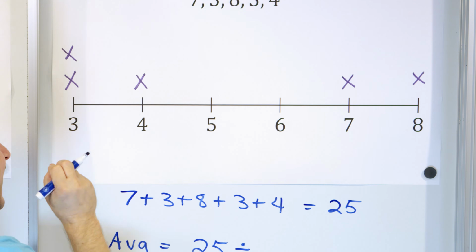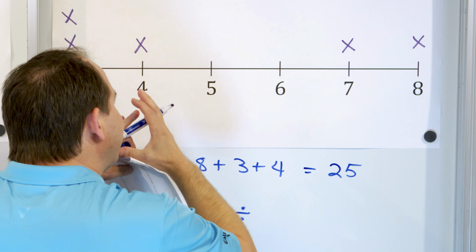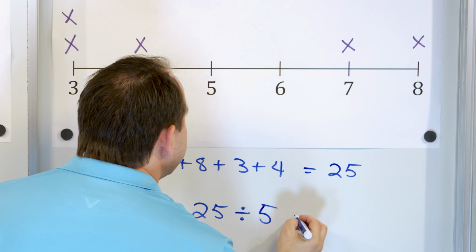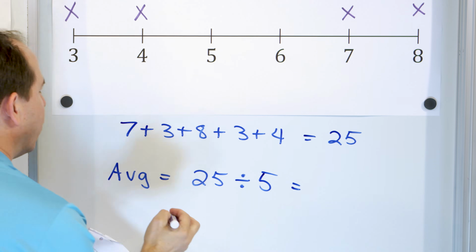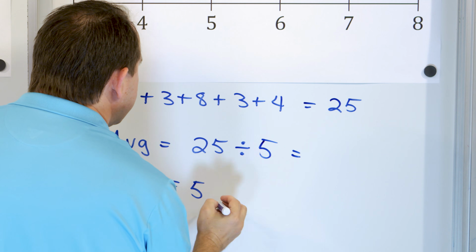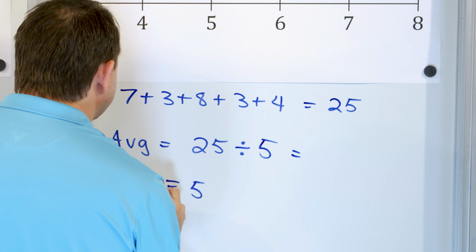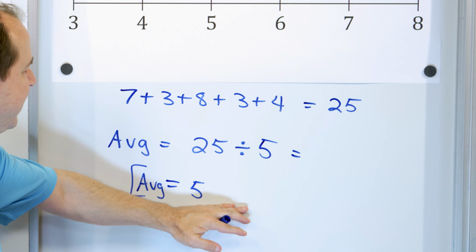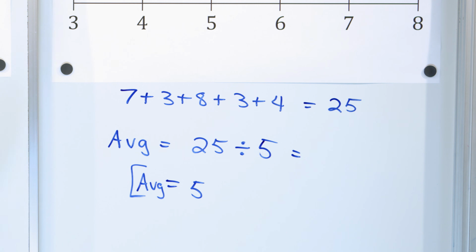Divide by 5 because I have 5 numbers and I want to represent it equally among the 5 data points I have. And 25 divided by 5 is what? Is 5. So the average is 5. So on average, people in this group received 5 sunburns in their life.